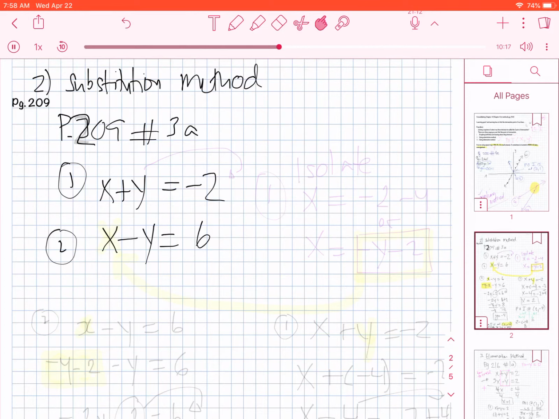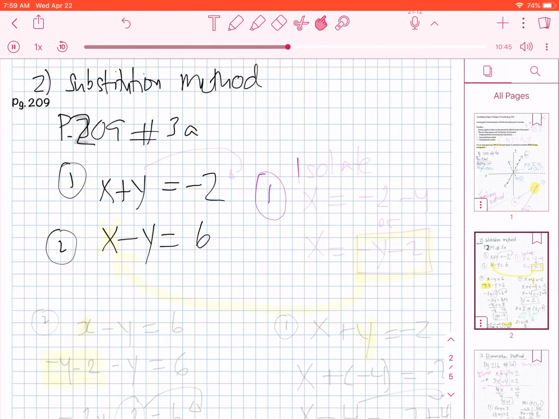So for this one, we need to decide which variable we want to isolate. You'll notice we have x and y in the first equation, and x and y in the second equation. So you just basically have to make that decision. I'm going to manipulate equation 2. Actually, let's manipulate equation 1.